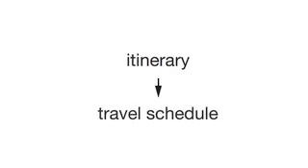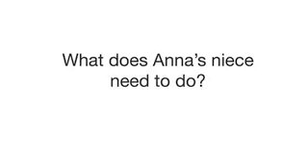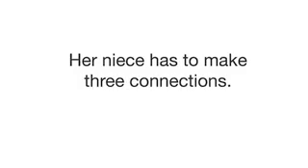It's a bit like a timetable for your holiday. So what does Anna's niece need to do? Her niece has to make 3 connections. This means that she has to change airplanes 3 times in one journey. Well, no one wants to spend 2 days travelling in an airplane, so Anna's niece has to change her ticket.